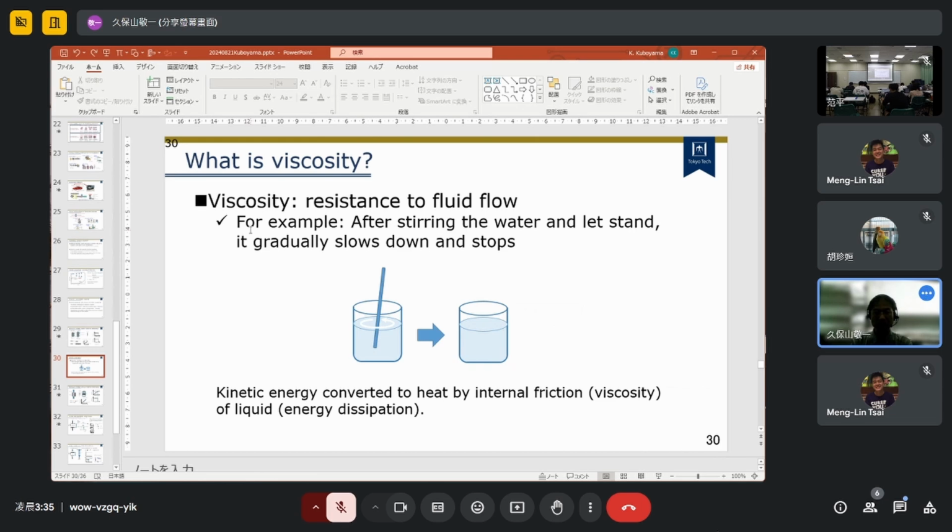During the process, the kinetic energy of the flow is converted to heat by the internal friction of the liquid. That means energy dissipation occurs. Such behavior is called viscous, and such a property is called viscosity.